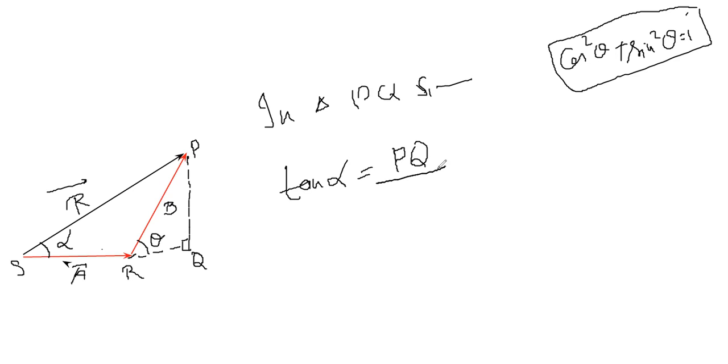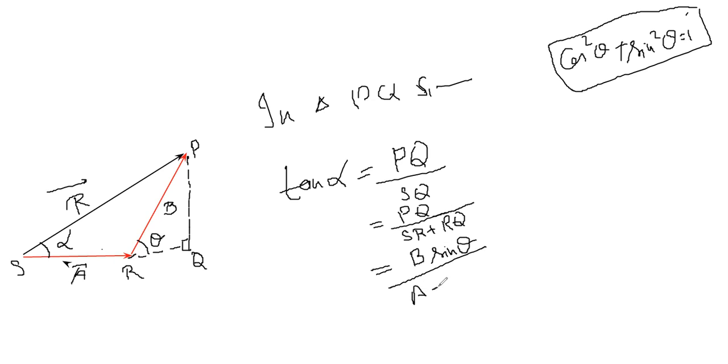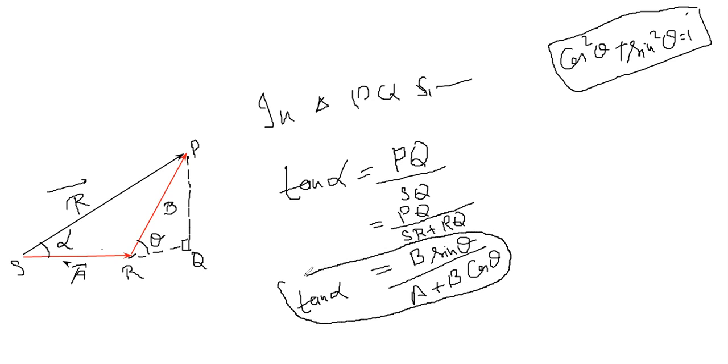Perpendicular upon base. So if we break SQ in two parts, we get SR plus RQ. Okay, so PQ is B sin theta, and SR plus RQ is A plus B cos theta. So this is the formula for tan alpha: tan alpha equals B sin theta upon A plus B cos theta. So the tan alpha formula is clear.